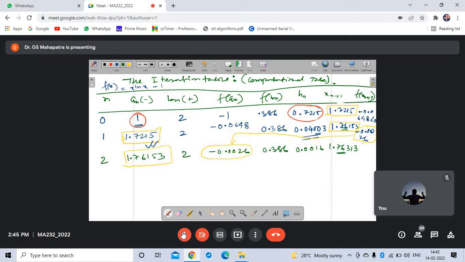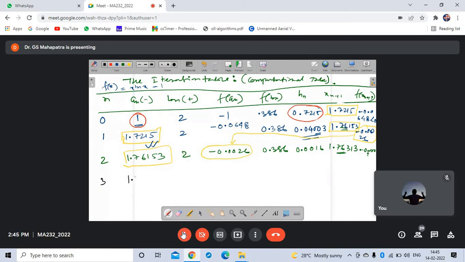Now f of 1.76313, what is the answer? Minus 0.0001. Okay, fine. So now for 3, again negative should be replaced.